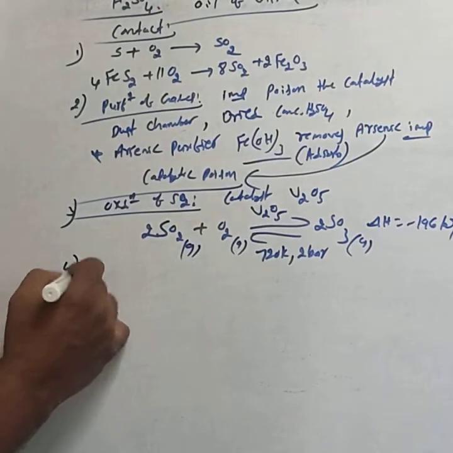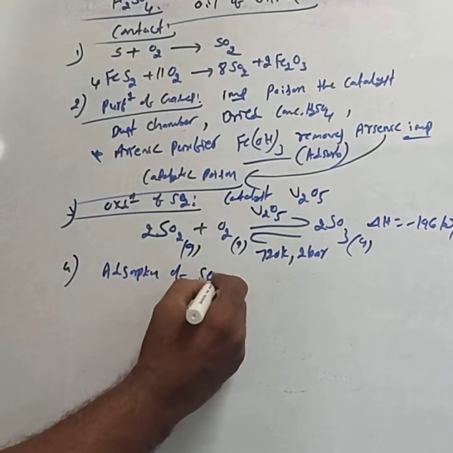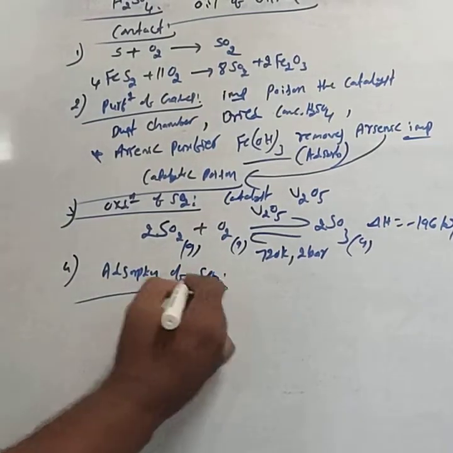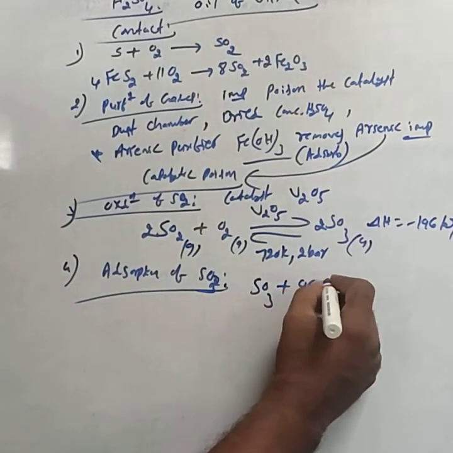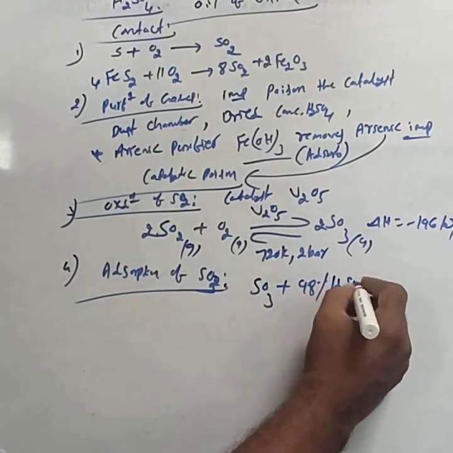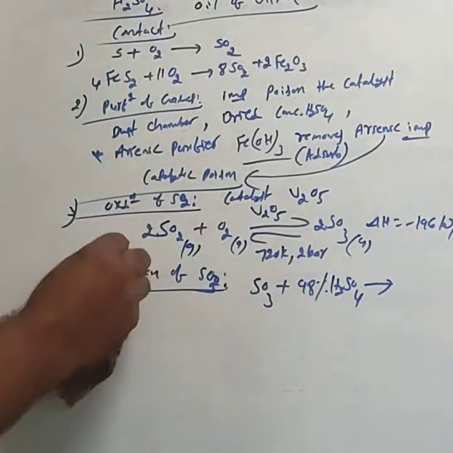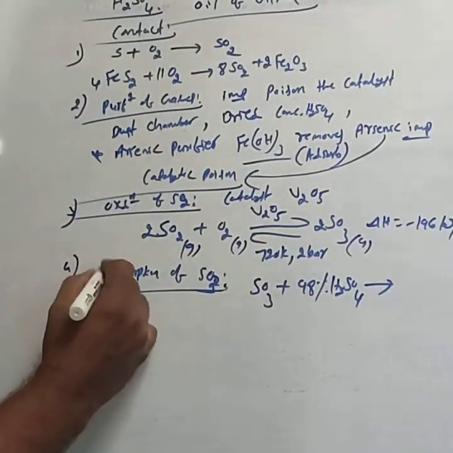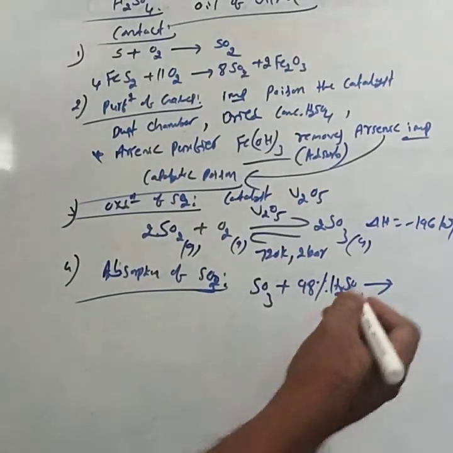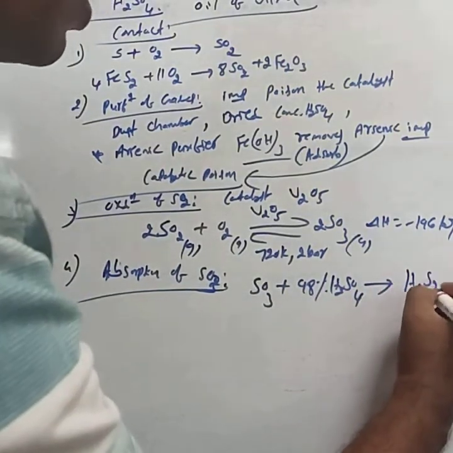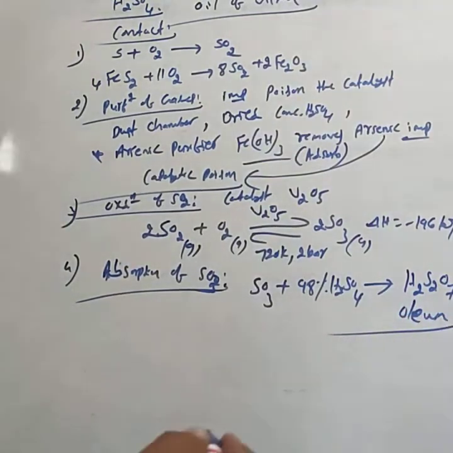Then the next step is absorption of SO3. The formed SO3 is passed through 98% H2SO4, where it is absorbed to form H2S2O7, commonly called oleum.